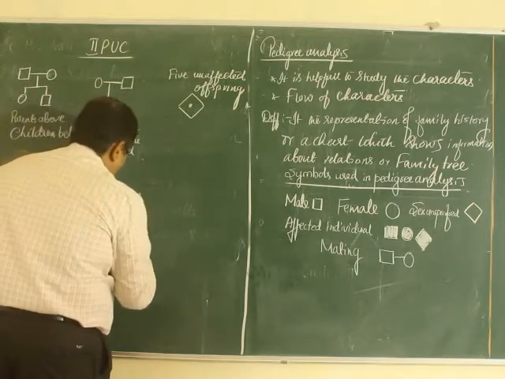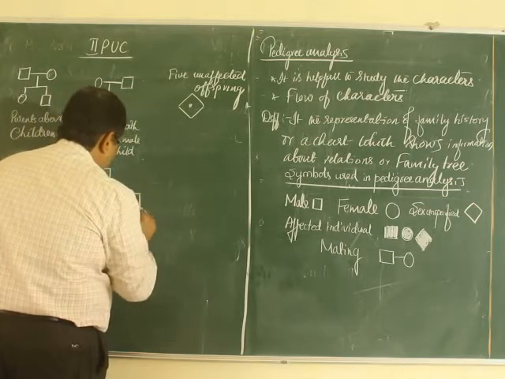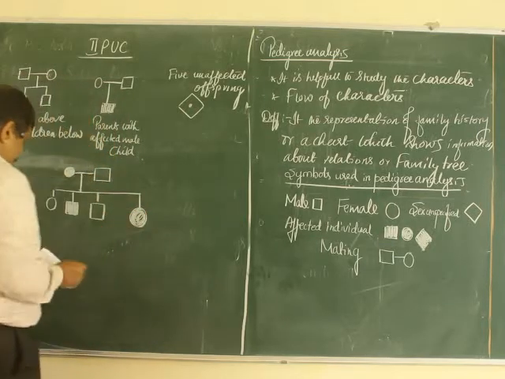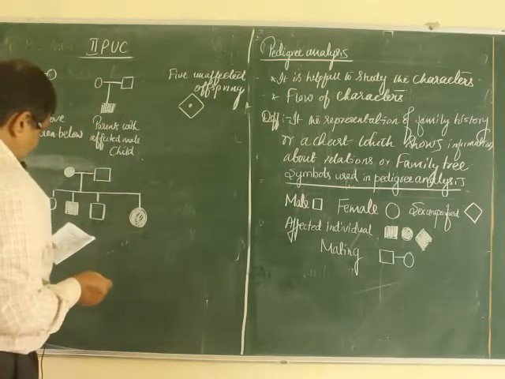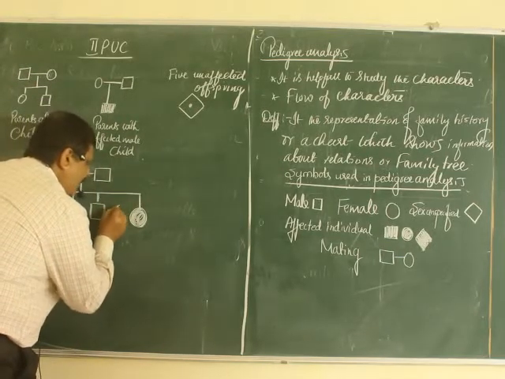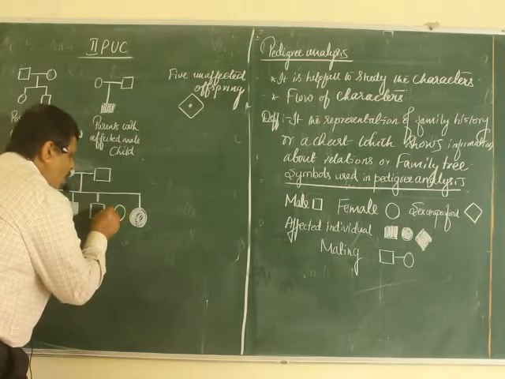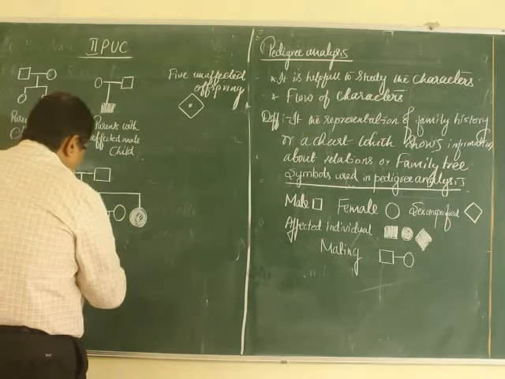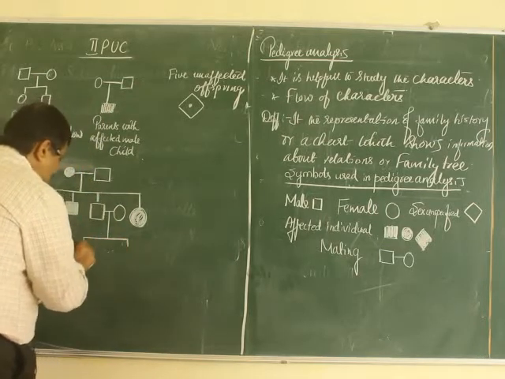When a normal male and normal female marry, all the offsprings in the third generation were normal.